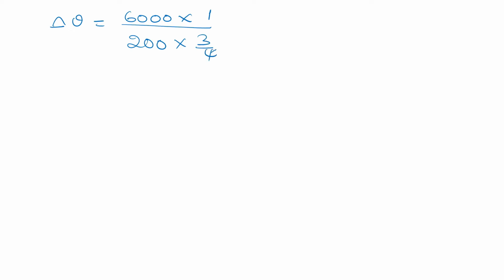Now 4 ones, 4 fives, 20, 50. So this implies 6000 by 50 into 3, 150. The zeros get cancelled.